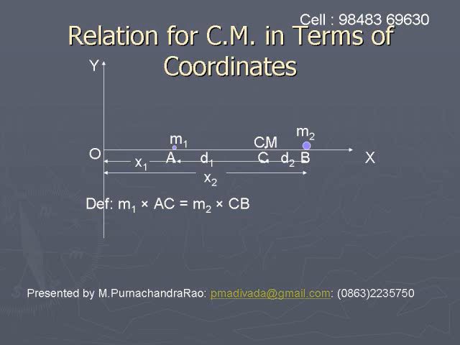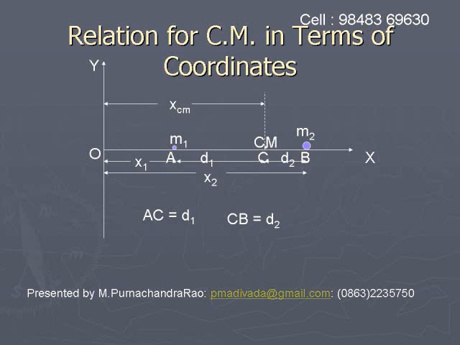We have the relation for center of mass: m1 into AC is equal to m2 into CB. If we consider the center of mass coordinate as xcm, that is, OC is equal to xcm, then, taking the definition, m1 into AC is equal to m2 into CB, where AC is d1 and CB is d2.